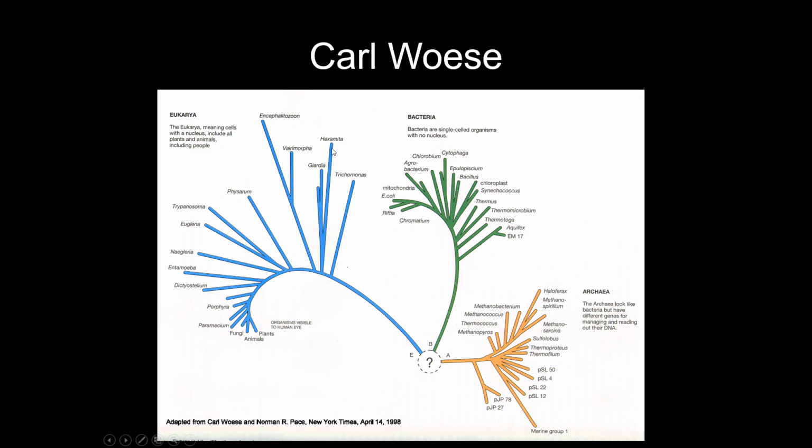I mentioned this person's name a second ago. Carl Woese used rRNA sequences to compare different organisms to each other, and when he created a tree of life, there were 3 branches on that tree: a branch that included all of the eukaryotic organisms, a branch that included the bacteria, and a branch that included the archaea.